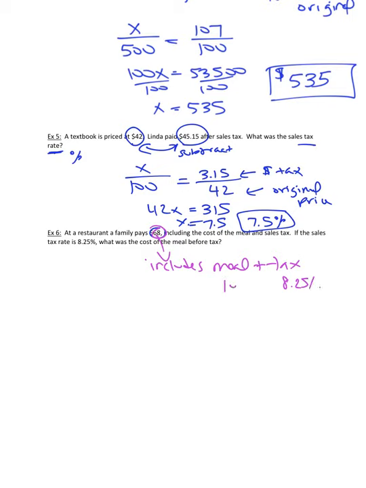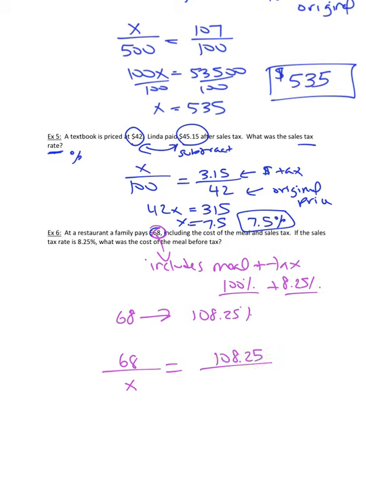The whole meal is 100%. So you want to say that $68 represents 108.25%. It's the 100 plus the 8.25%. So in your proportion, you go $68 out of the original price before the tax is 108.25% out of 100. And you cross multiply.